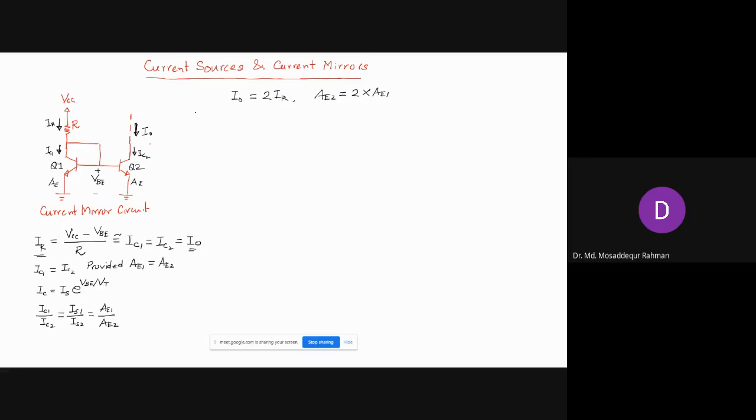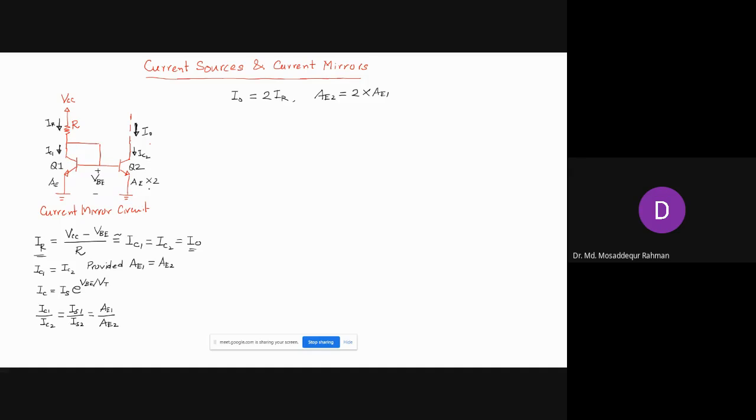In the diagram we usually denote that by just times 2. If you see this times 2, you'll understand the cross-sectional area of this one is twice that of Q1, and the current here will be twice the current.